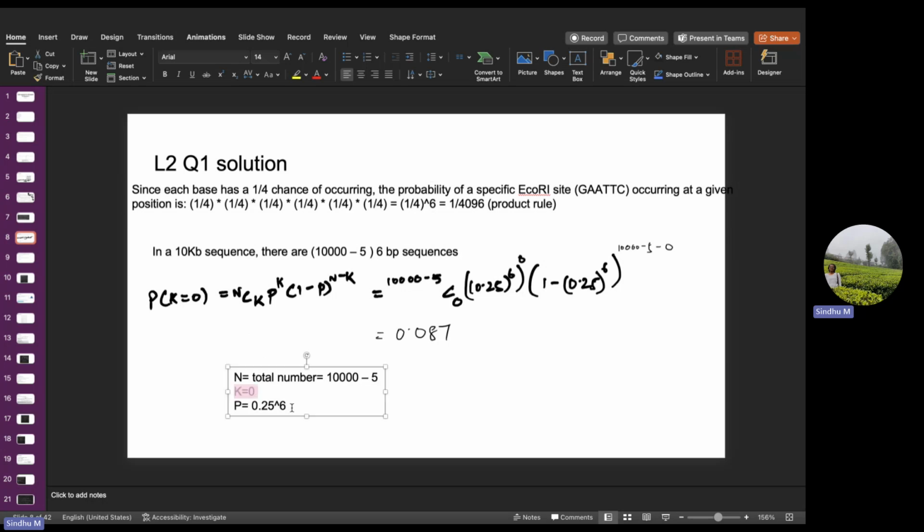Here also we have to substitute these things: 1 minus 0.25 power 6 is the value, and n is 10,000 minus 5 minus 0. So we are just substituting these values into this formula from permutation and combination. When you do the final calculations, you will get this value of 0.087.